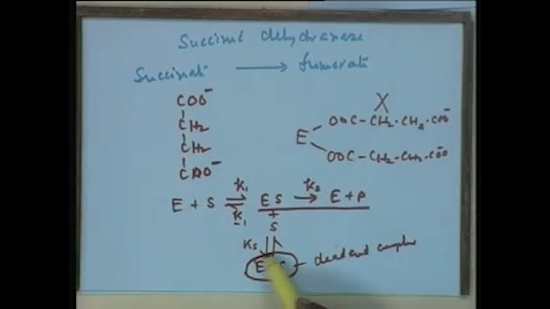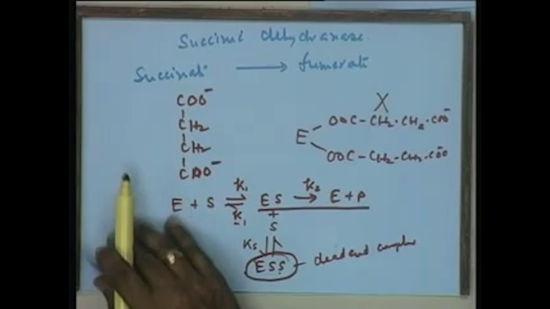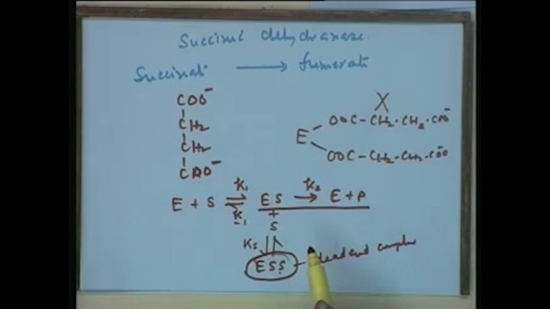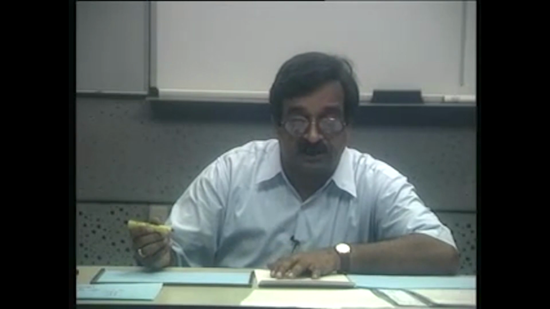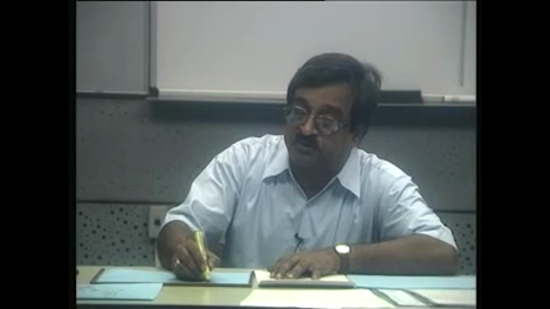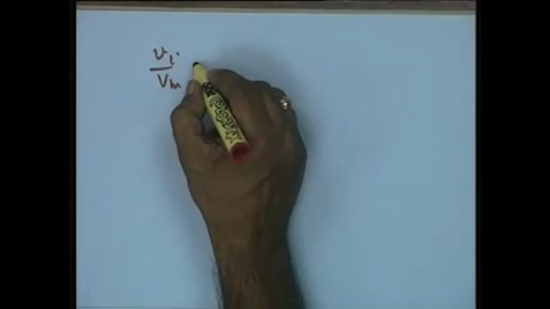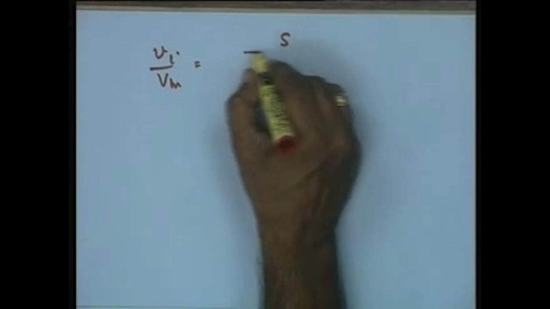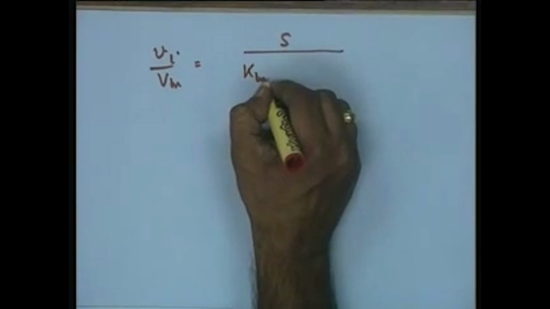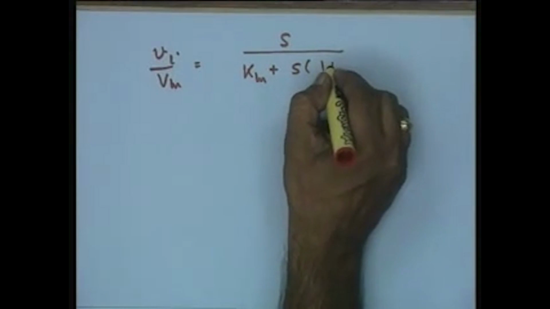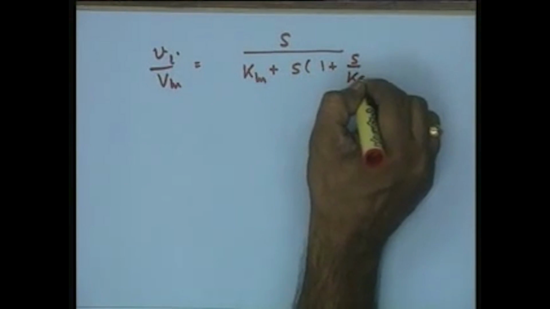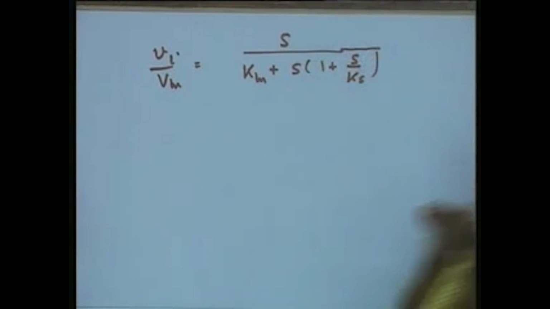Increasing the substrate concentration leads to more ESS formation, and therefore, on the basis of your equilibrium kinetics, one can write the rate expression of such a system as V over Vm is equal to S upon Km plus S into 1 plus S upon Ks.